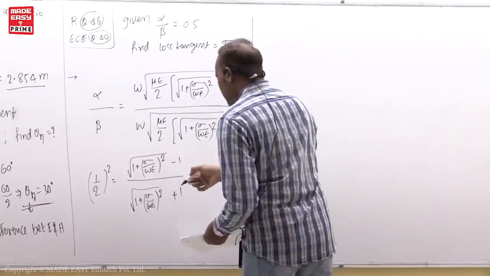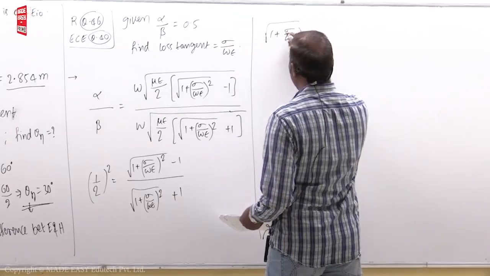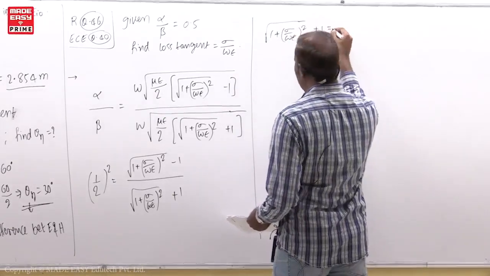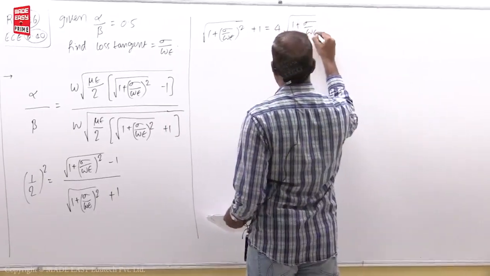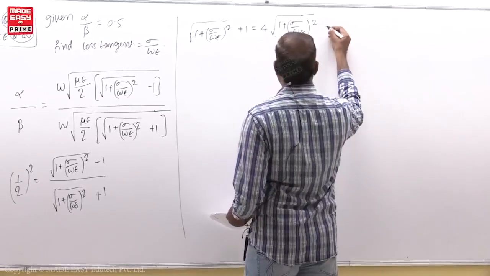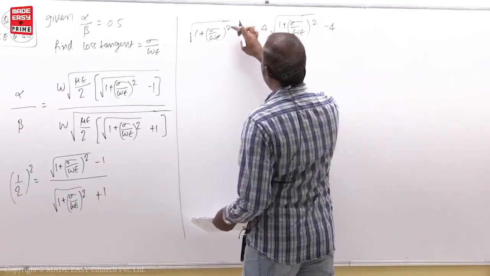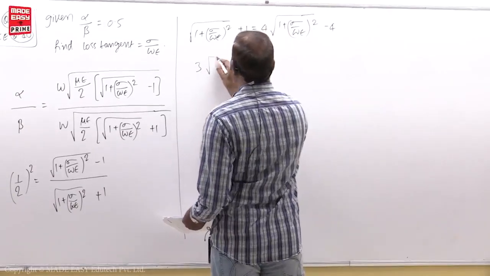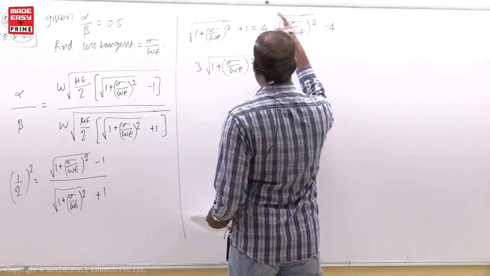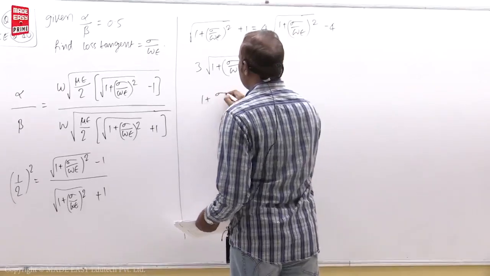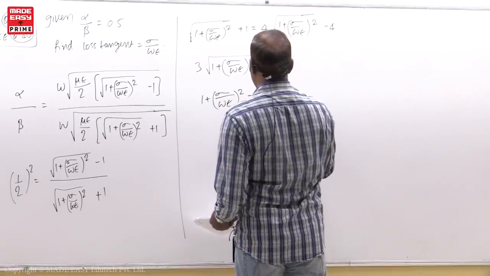Now if you cross multiply, you get 4 times root of 1 plus sigma by omega epsilon whole square minus 4 equal to root of 1 plus sigma by omega epsilon whole square plus 1. Sending terms to this side, 3 times root of 1 plus sigma by omega epsilon whole square is equal to 5. So 1 plus sigma by omega epsilon whole square is equal to 5 by 3 whole square.